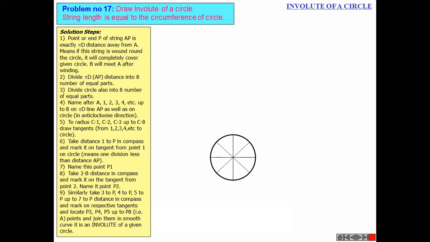Here we have a square, or it could be a circle.